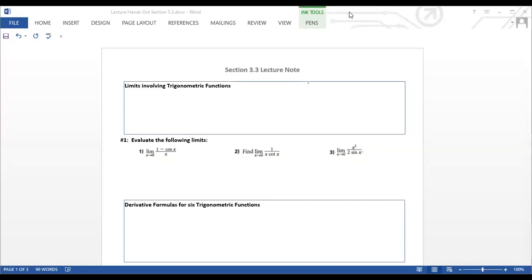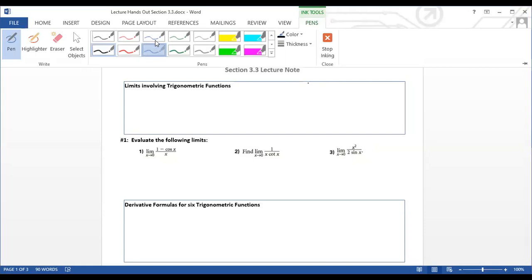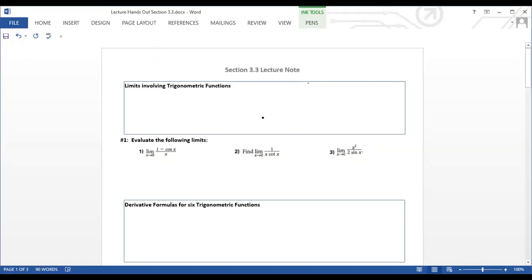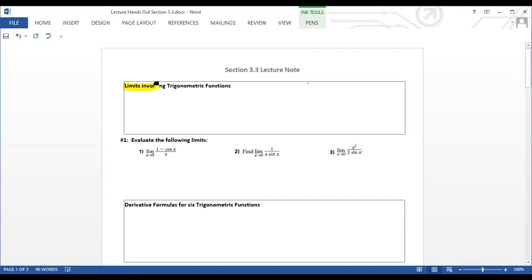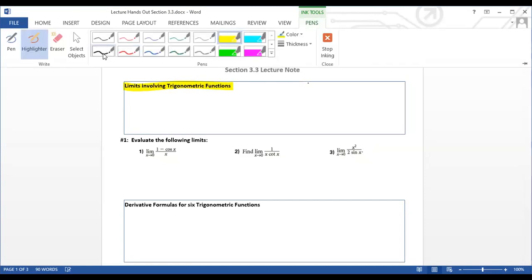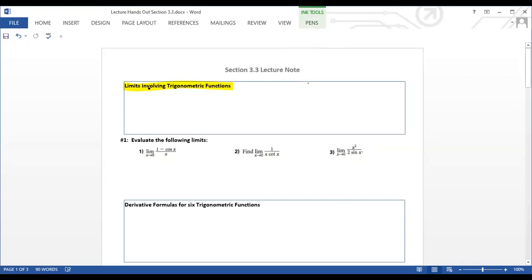Okay, so before we talk about the formulas for the trig functions, the first thing I want to talk about is a couple of limits involved with the trig functions. I'm not going to prove them here; I'm going to prove them in later units.